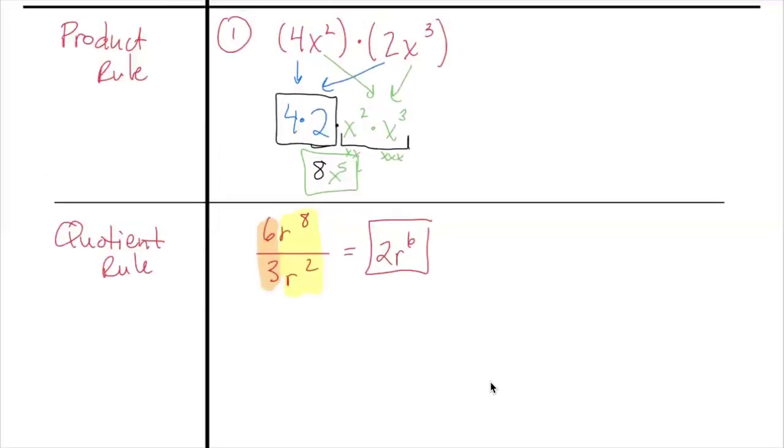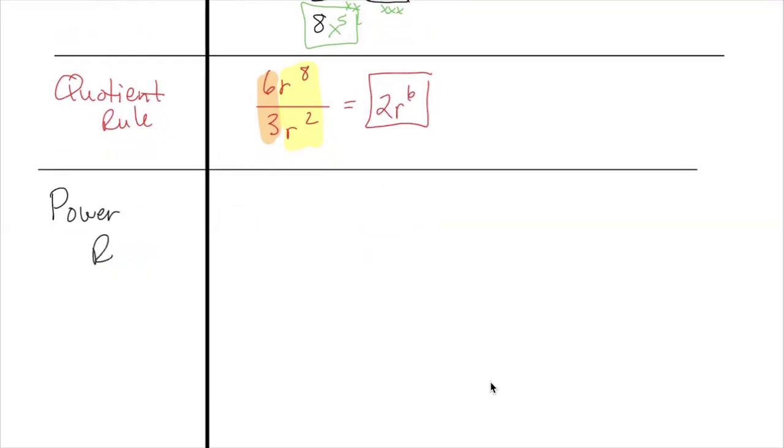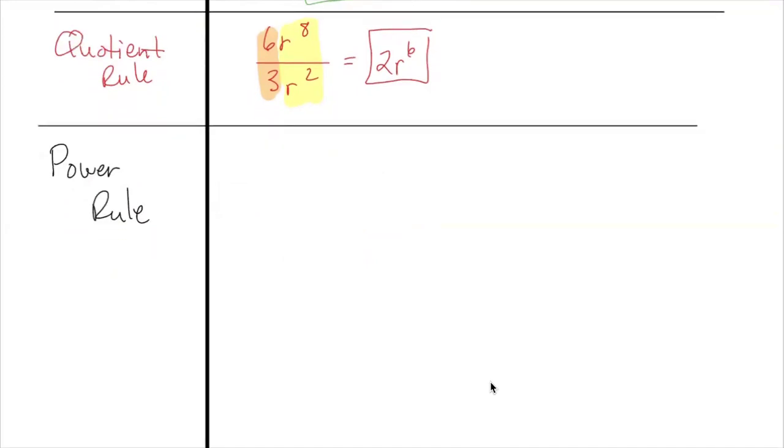We learned those two before. And then the most recent one that we learned, go ahead and put one more line. This is the power rule. So I want to be able to have all the rules in one page for you. Power rule looks something like this: c to the fourth, parentheses, squared. Remember, this is what tells us it's power rule: when we have an exponent, parentheses, and another exponent.